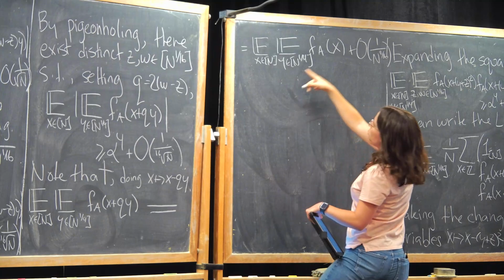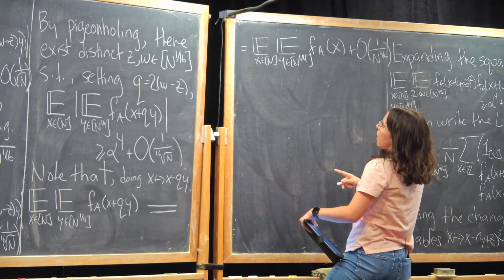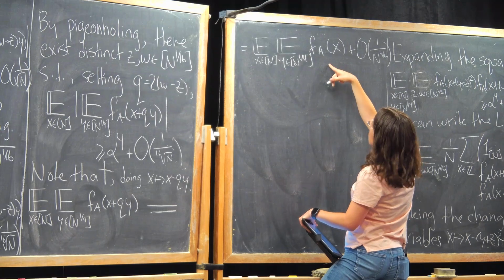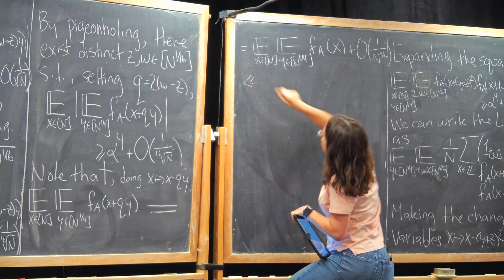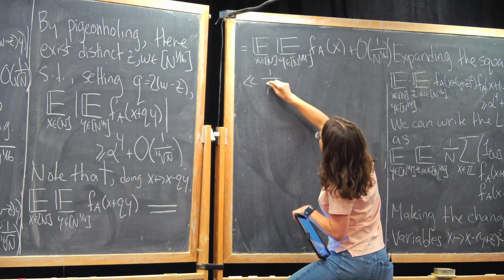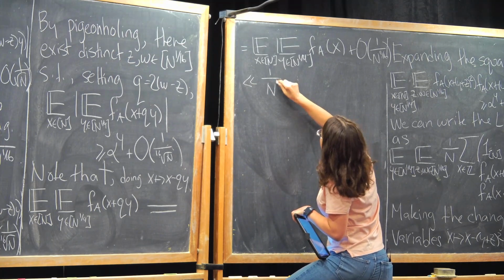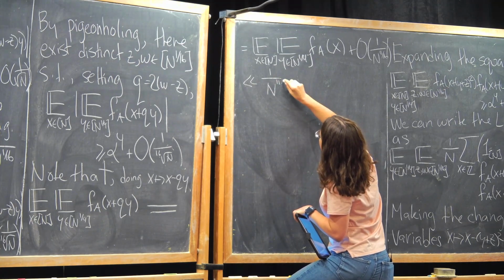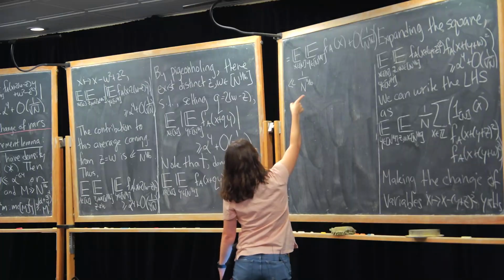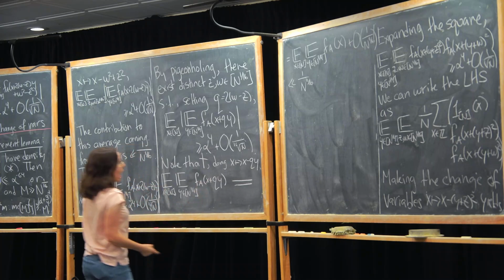Now this average over y does nothing, but then we have the average over x of the balanced function, which, as I said at the beginning, has mean 0. So this whole quantity has size at most something on the order of 1 over n to the 11/16, which you'll note is much smaller than the error that we already have.